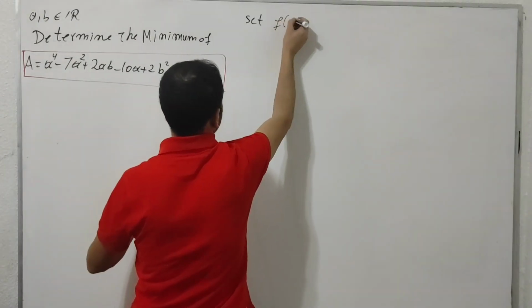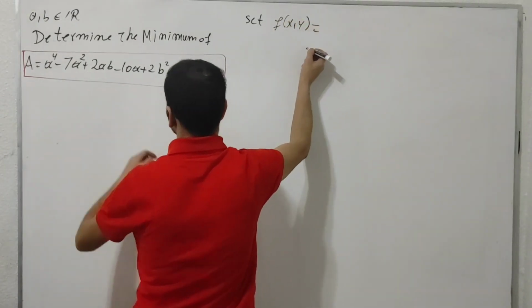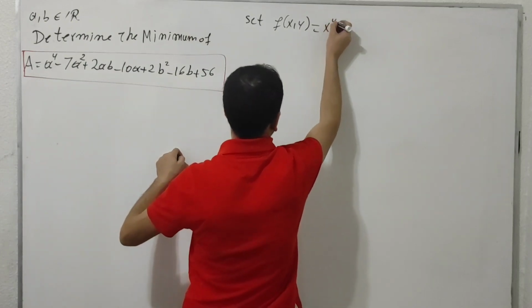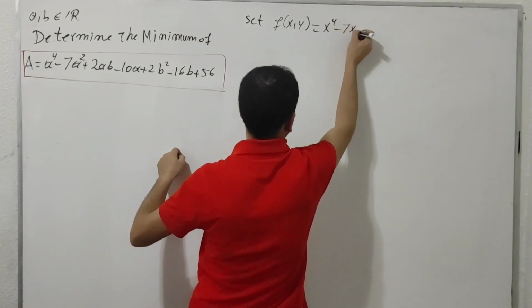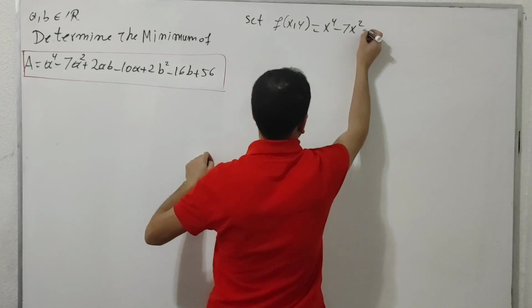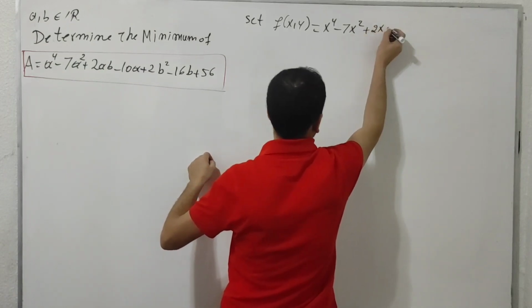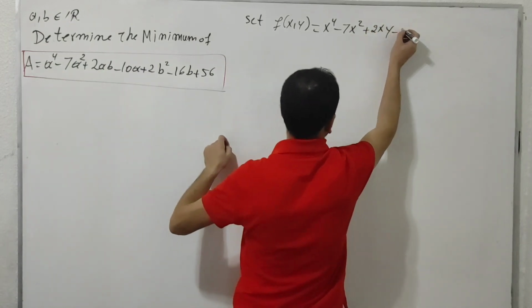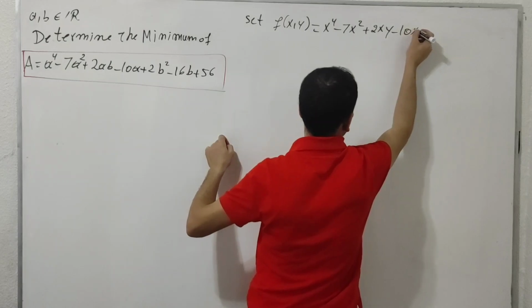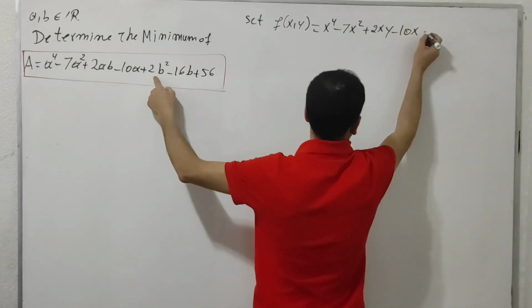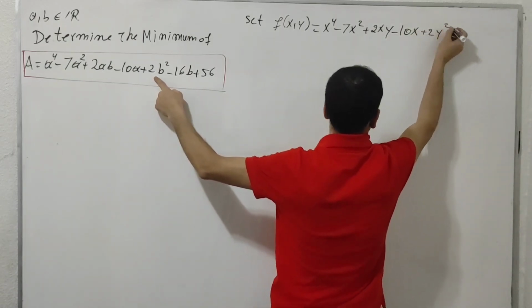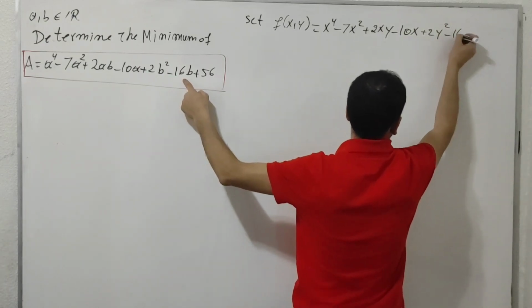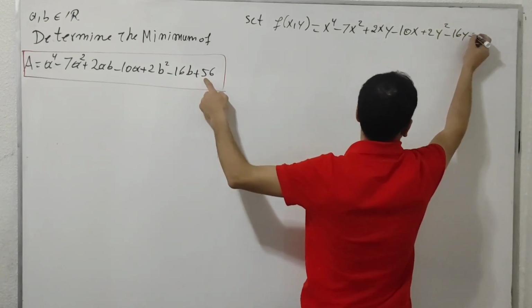Let's set f of x, y equals x to the fourth minus 7x squared plus 2xy minus 10x plus 2y squared minus 16y plus 56.